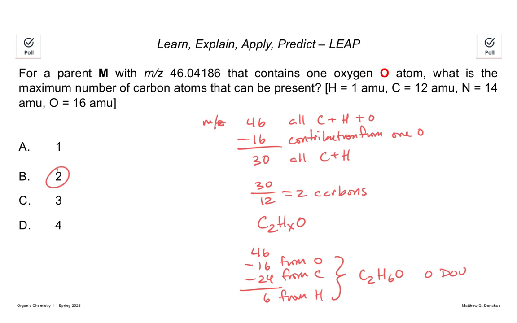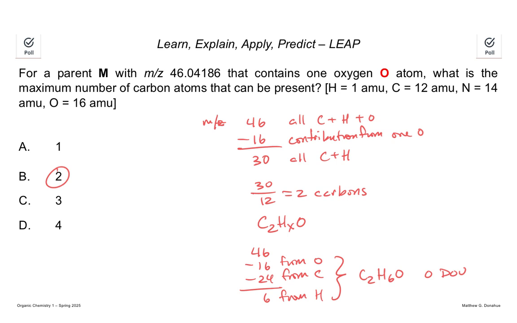Now, if you had to expand that C2H6O into possible structures, because you have an oxygen, what functional groups can you have in those constitutional isomers? Ethers and alcohols. You can only have ethers and alcohols. You cannot have anything with a double bond because there's no degrees of unsaturation.